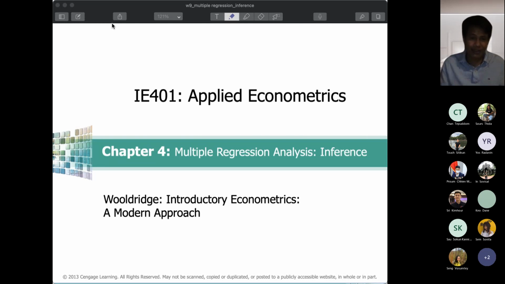And from last week's class, you learned that if t, for instance, is higher than the critical value, then you probably need to reduce your significance level. If it is only significant at 5%, you may go down to 1% to see if it's still significant.